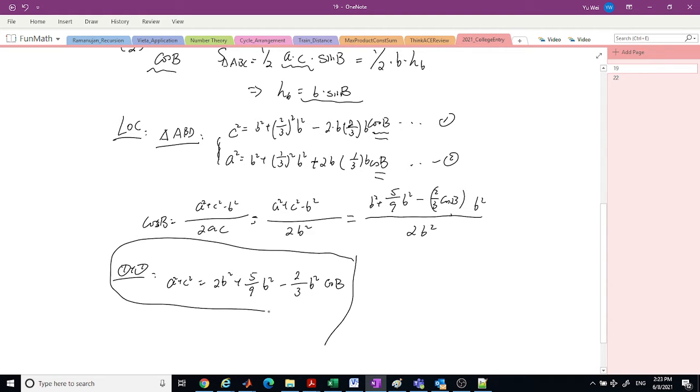So this is set aside; we want to apply it here. Taking out b squared, this equals 1 plus 5/9 minus 2/3 of cosine B.